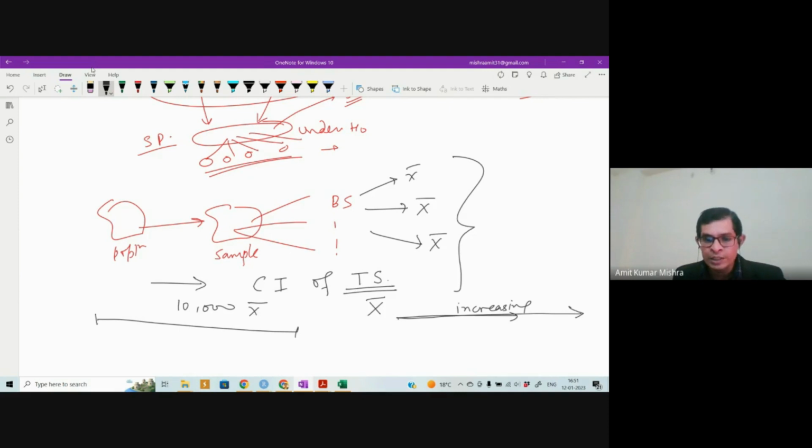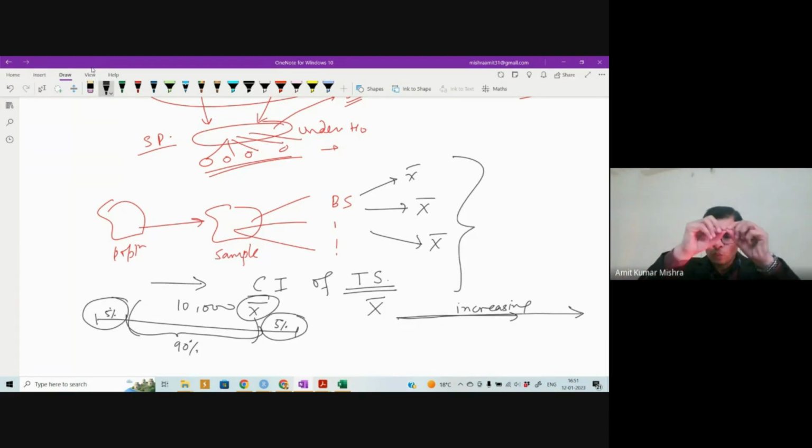Put them in increasing order. Now if I want to find 90% confidence interval, that means 5% are here and 5% are here. So just remove these 5% from above and below out of these x bar. You will have the confidence interval. The idea is extremely simple.